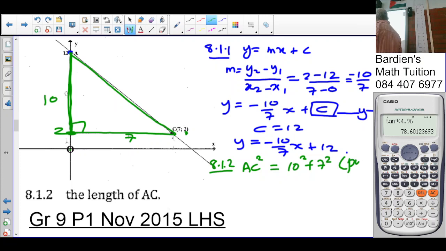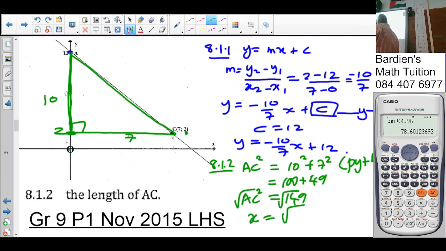Reason: Pythagoras. This gives me 100 plus 49. So it's 149. So take the square root of that. So AC is equal to the square root of 149.